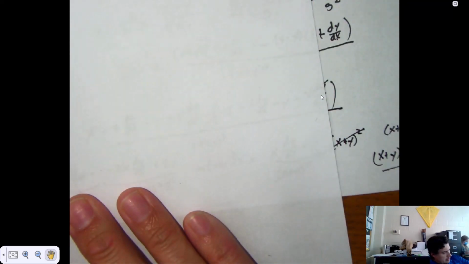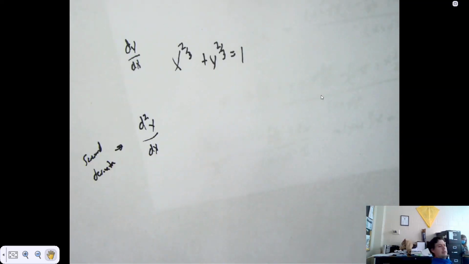The goal here is to do dy dx and then d squared y dx squared. That's just the second derivative. I don't think we actually did a second derivative in your notes. So let's just do the first derivative.